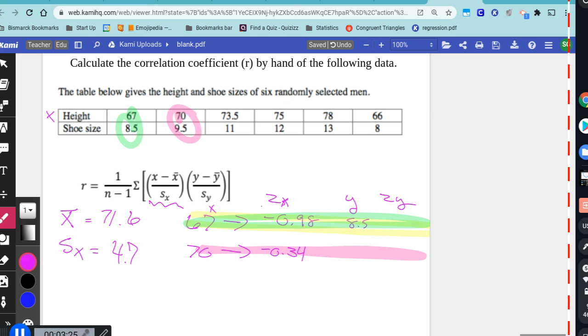You're going to take negative 0.98 times whatever you got for the z-score of y, multiply those two together. That's what's happening right here. So multiply the z-score from the x times the z-score for the y, and you're going to do that 1, 2, 3, 4, 5, 6 times, one for each coordinate.